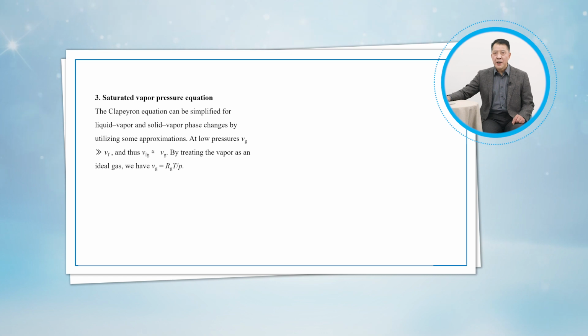Now, let's talk about the saturated vapor pressure equation. The Clapeyron equation can be simplified for liquid-vapor and solid-vapor phase changes by utilizing some approximations.